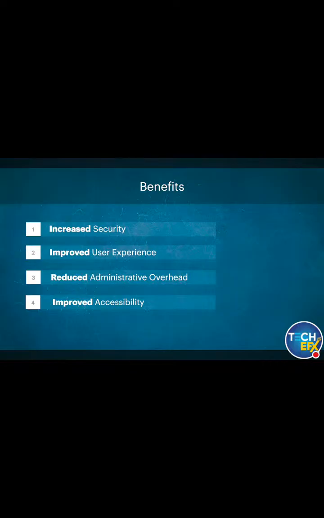Improved accessibility. For users who may have difficulty remembering passwords or typing them accurately, passwordless authentication methods such as biometrics can provide a more accessible way of authenticating. Increased adoption. By making authentication faster and more convenient, passwordless authentication can increase adoption of secure authentication practices.